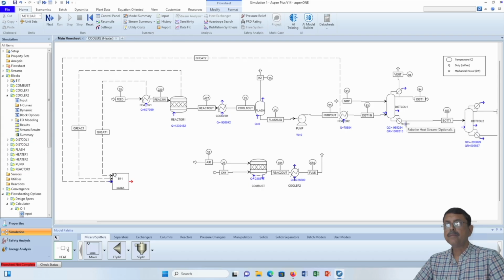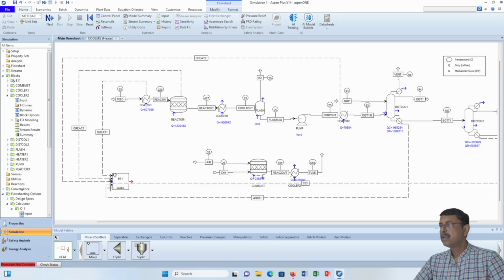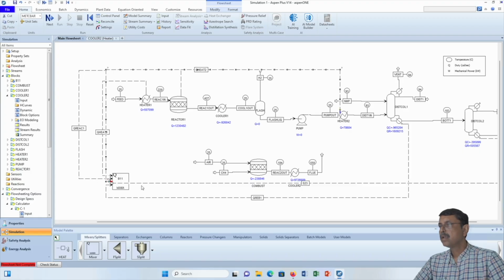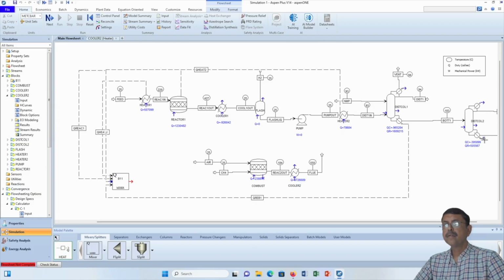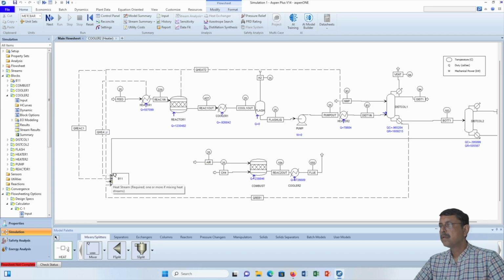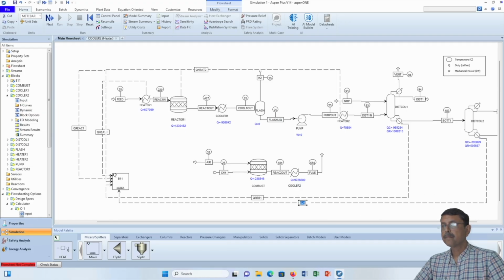This is the first one, the reboiler heat stream, Q reb 1, and this one, Q reb 2.